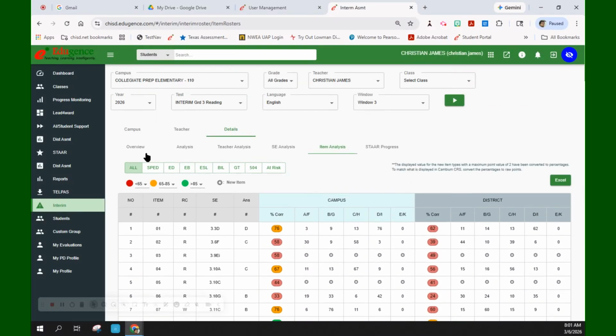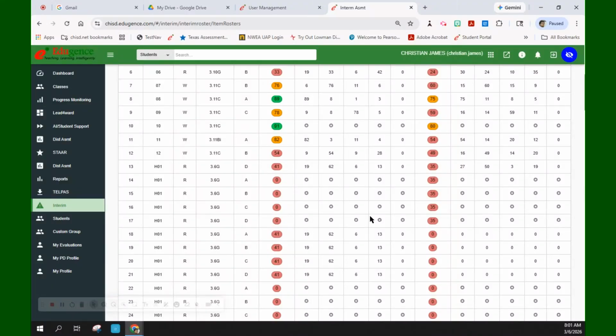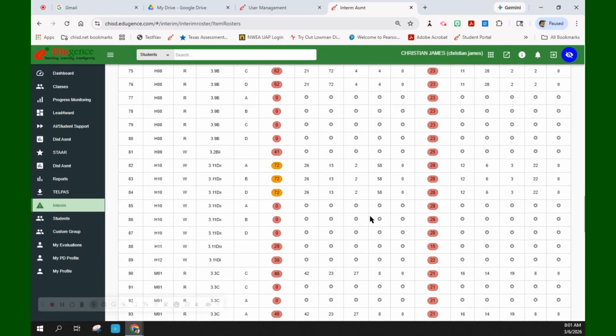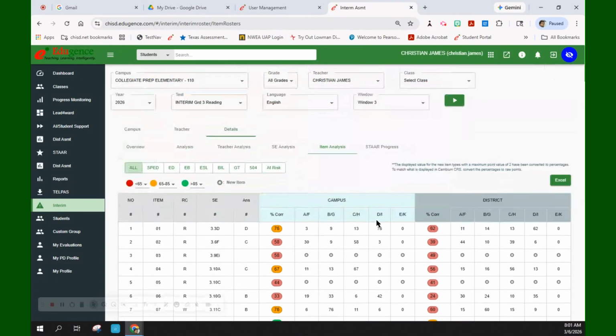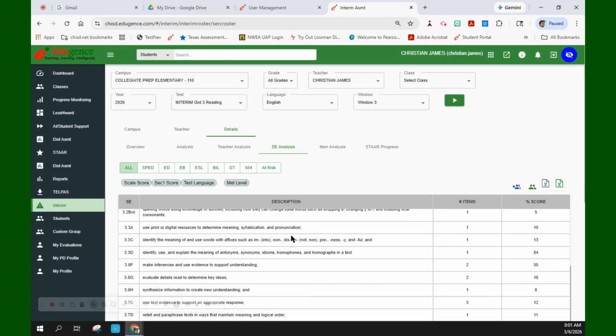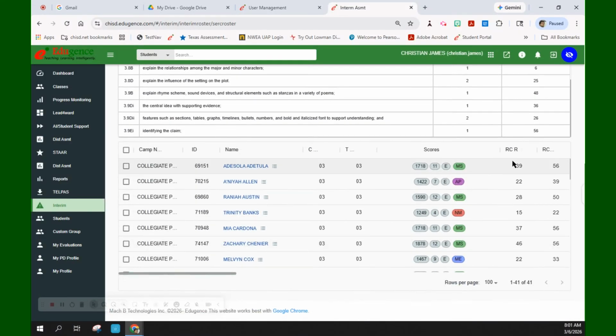Okay, so you can see how many times this question came up when it was looked at by different scholars. So as you see, some scholars saw it, some didn't, some had the ability to interact with it, some did not. That's because it's a computer adaptive test, and so there are different questions based on how a scholar moves through.